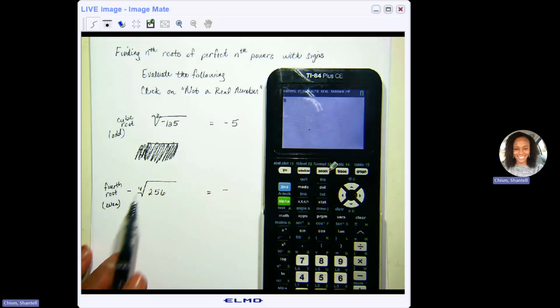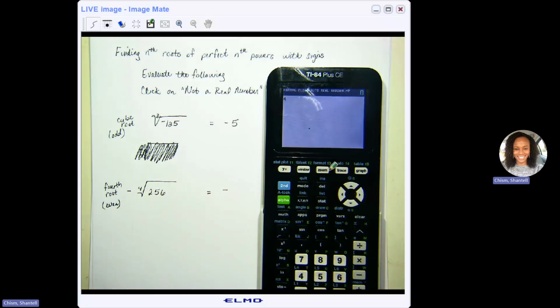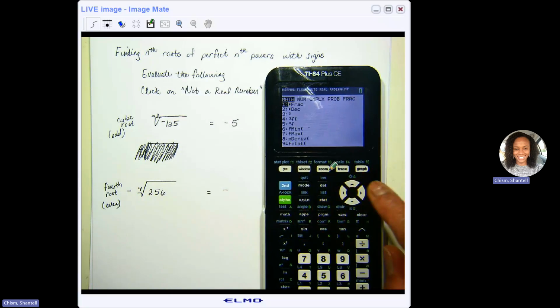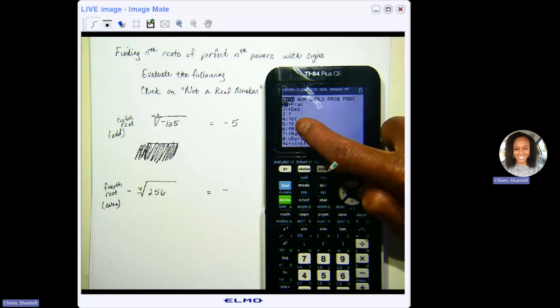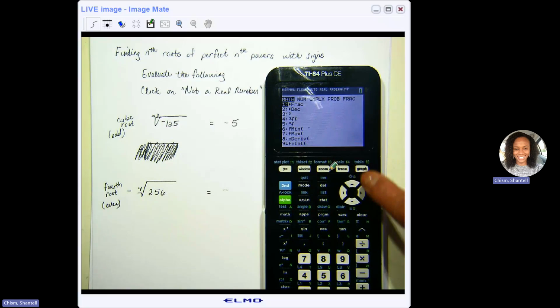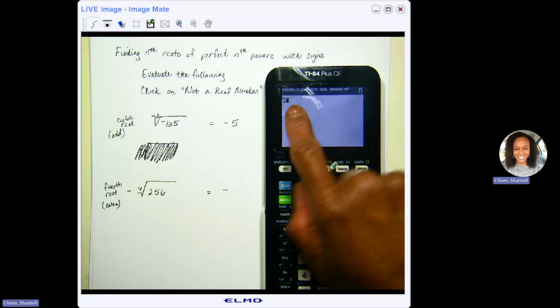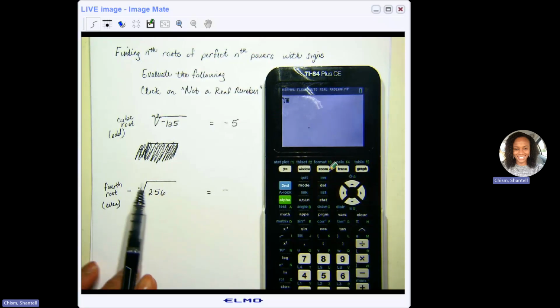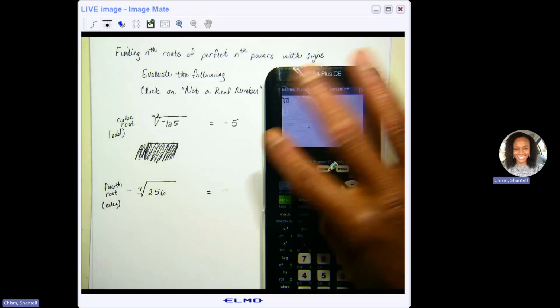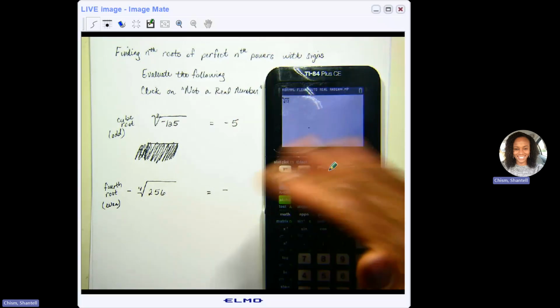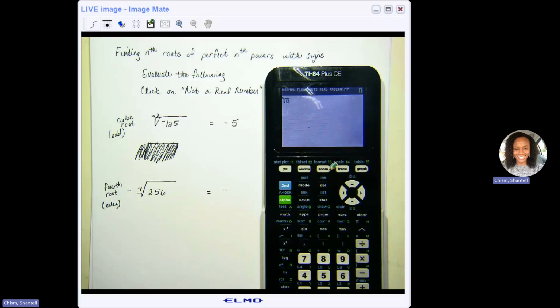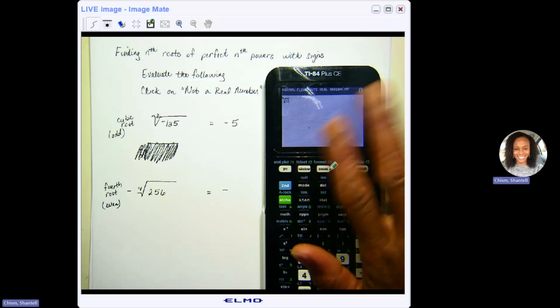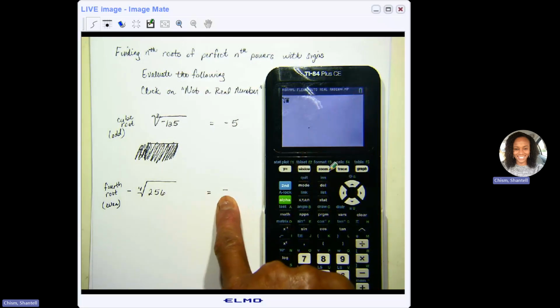For the fourth root, you have to press 4 on your calculator first, and then you go math, and then you're going to go to number 5 where it has a little X in the index. That means you're telling the calculator what the index is. Okay, so I'm selecting that. And notice that it put the 4 in the index for me. Okay, I just carried over the negative sign because the calculator wasn't understanding that I'm not making the index negative. I was just putting the negative out front. So rather than try to figure out how to put it in or use parentheses, just carry the negative over, okay?